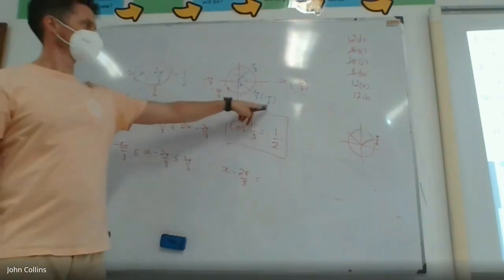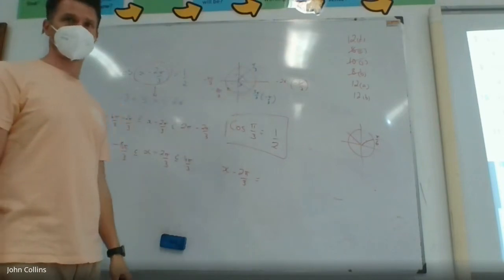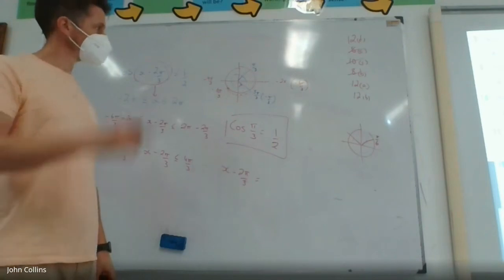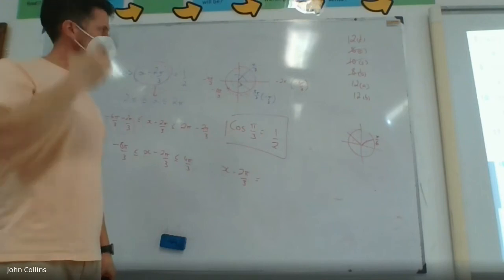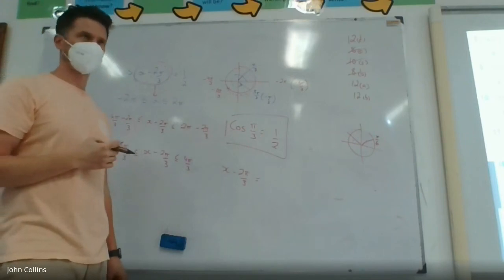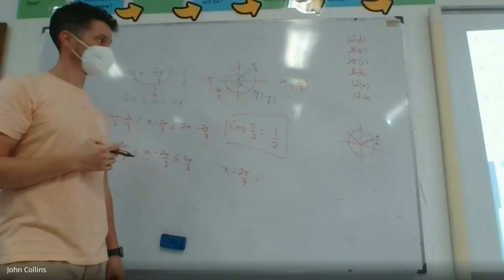It's going to be negative pi over 3 the next time around, but this time around, what is it? Negative... You don't know? Anyone help her out? George? Negative 7 pi.